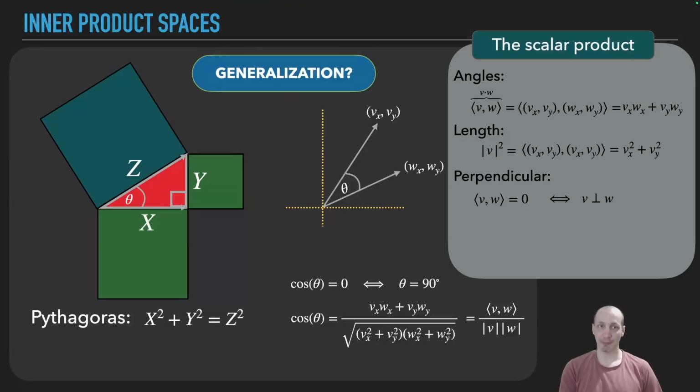Of course, the first step is to go to higher dimensions, and we can define the scalar product in higher dimension as just the product of vi and wi, summed from 1 to n. Similarly, the length is going to be the sum of squares. And suddenly we have scalar products in high-dimensional vector spaces.